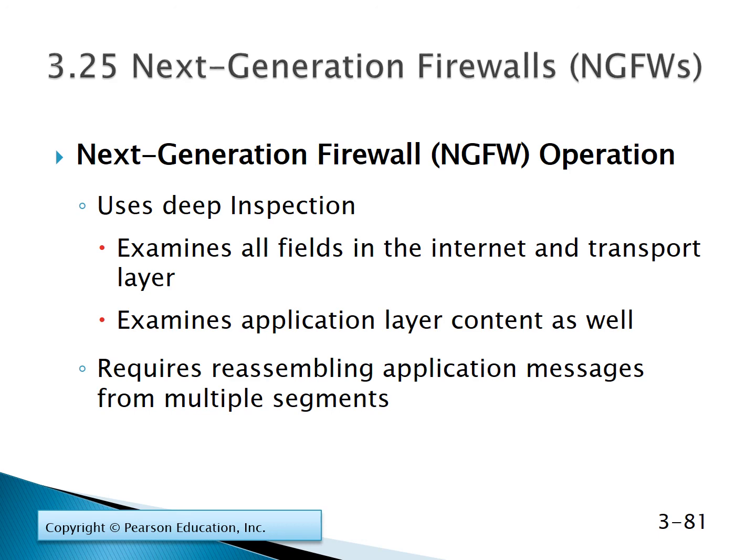They also examine the application layer content, so you will know which application is using a particular port. This requires reassembling application messages from multiple segments. Of course it will take longer because it's doing deeper inspection, but it's also more secure.